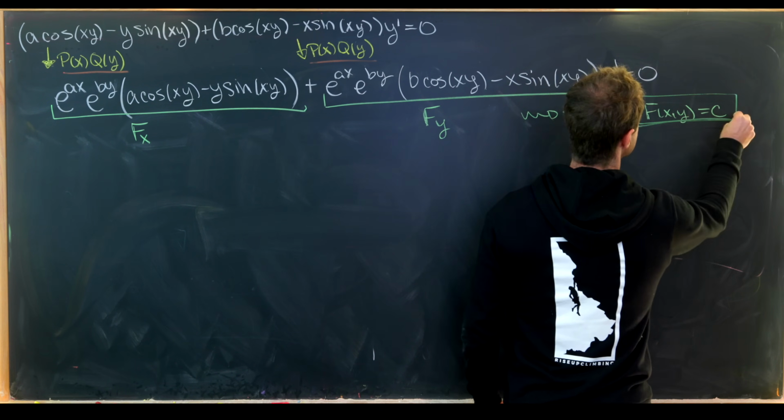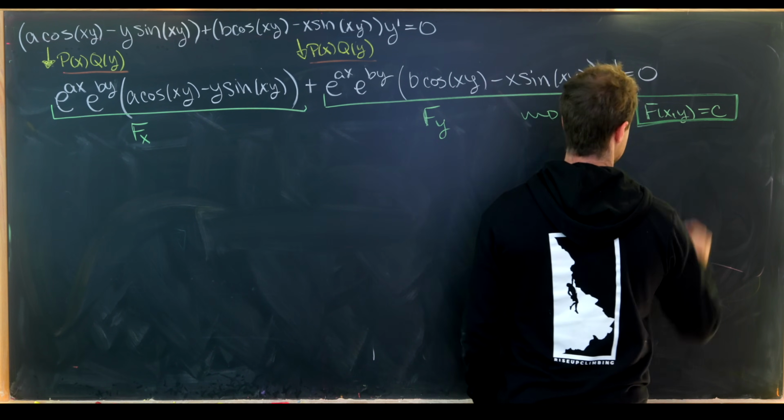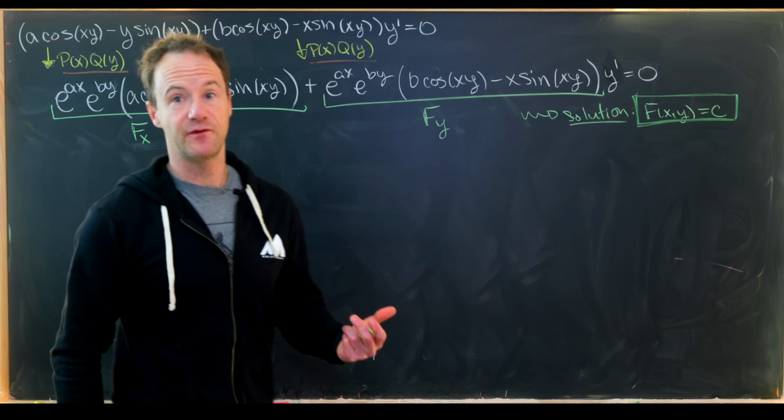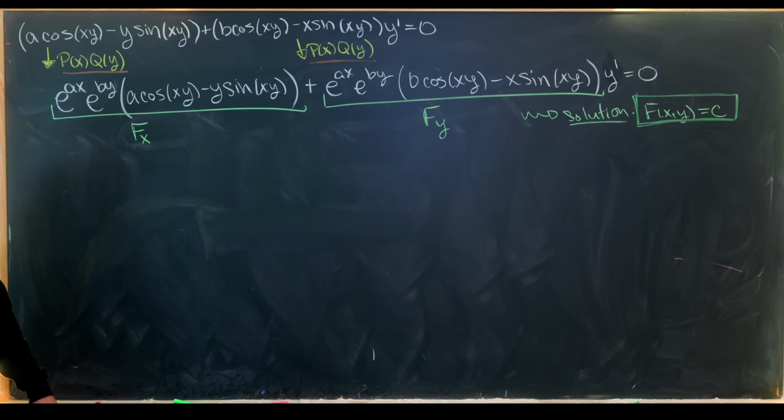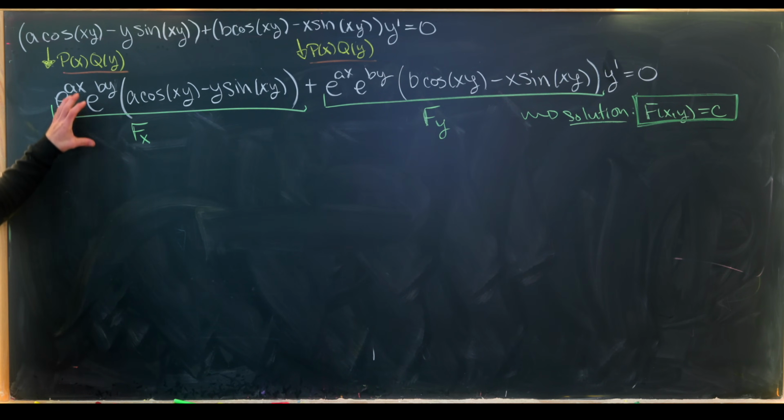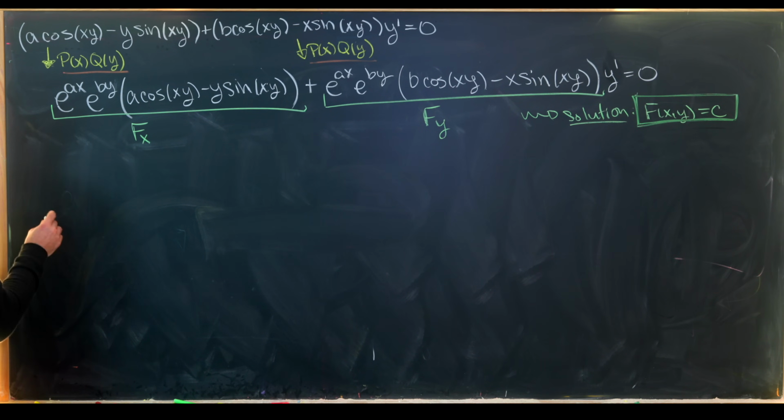Again, this goes back to just the theory of exact differential equations. If you want to learn more about that from the basics, go check out the second channel. So what does that mean? Well, we need to either start over here or over there and take the antiderivative with respect to x or y. Let's start over here.